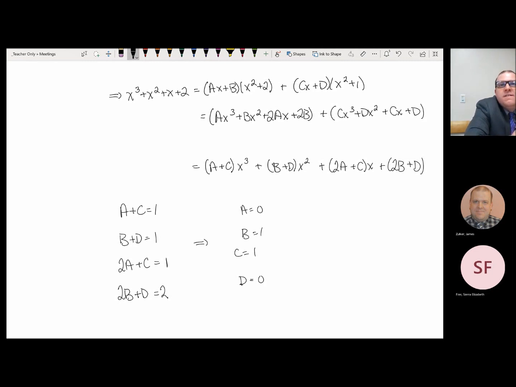So B is 1. That would not be possible, because then you have 2 times 1 equals 1, which doesn't make sense.